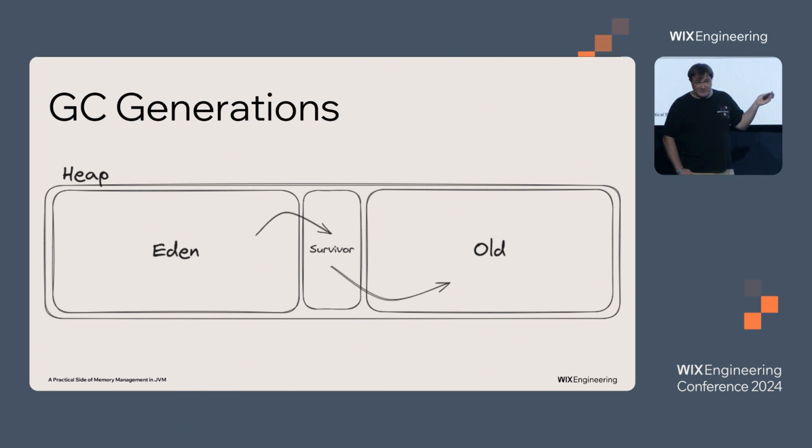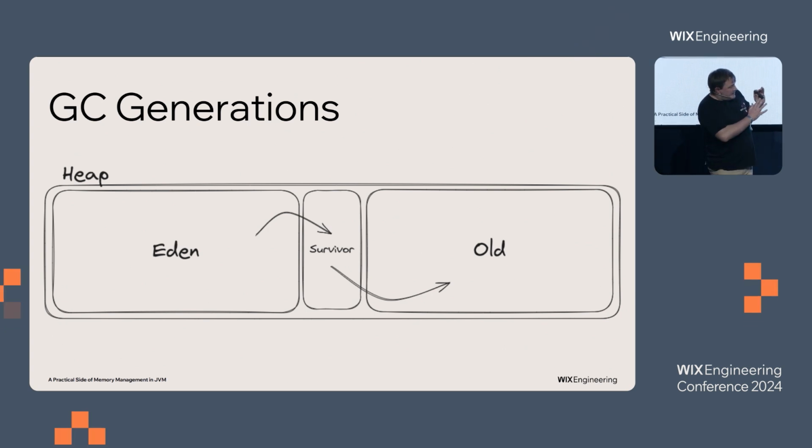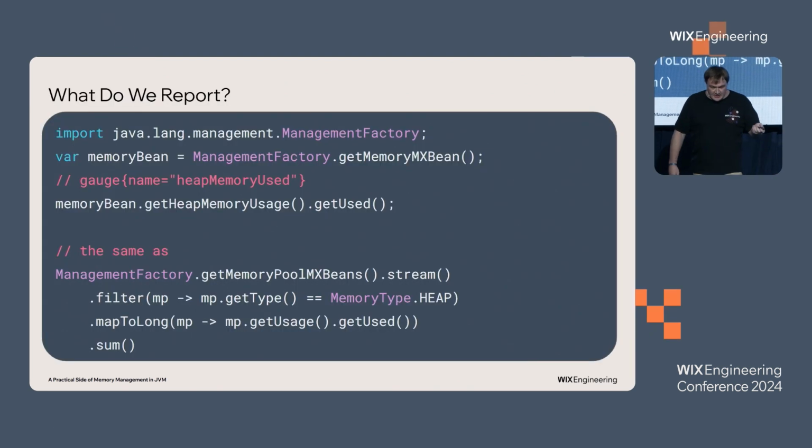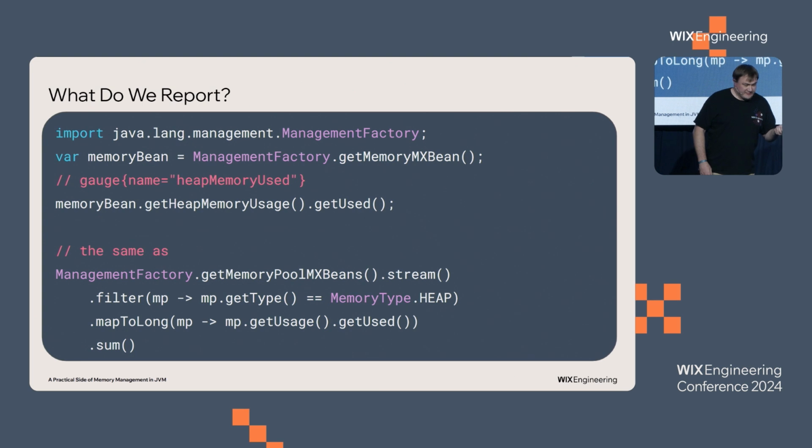This is a very simplified view because each GC algorithm uses this theory, but the implementation details might be wildly different. So what do we have?